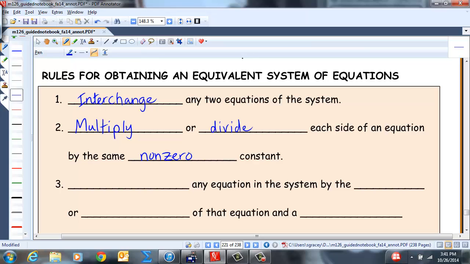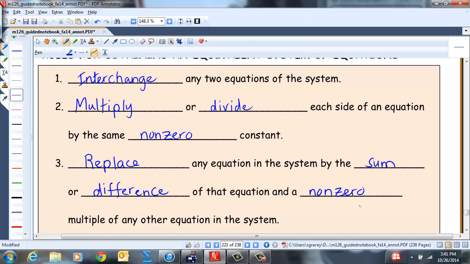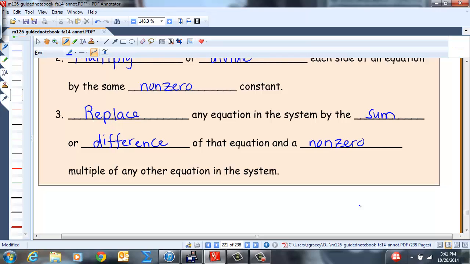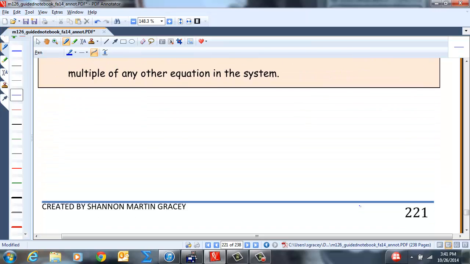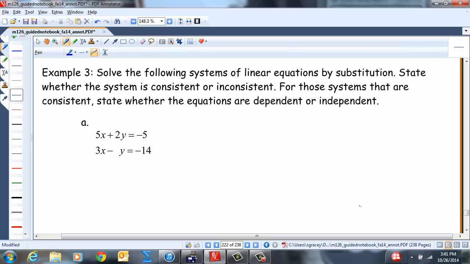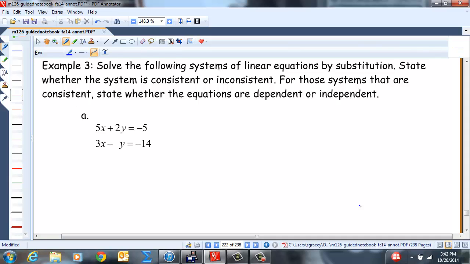And you can replace any equation in the system by the sum or difference of that equation and a non-zero multiple of any other equation in the system. All right? So let's start off with doing some systems where we have two equations and two unknowns. And in these, we're asked to solve them using substitution.